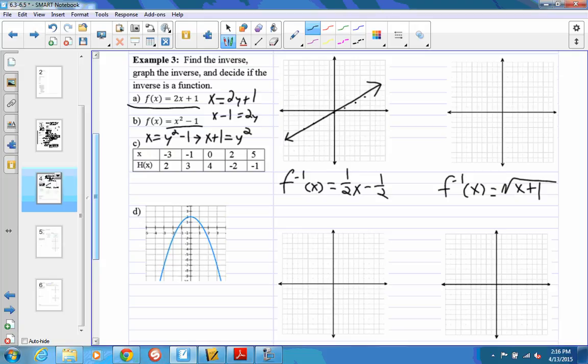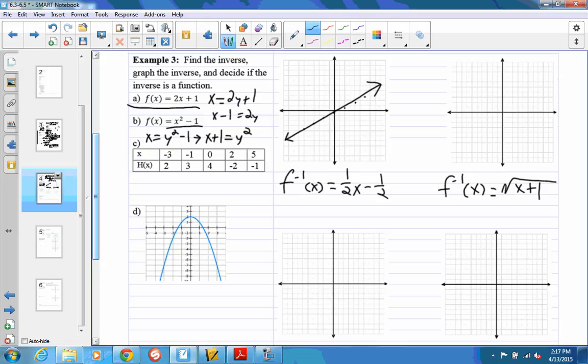It's being multiplied by 2 and added 1. So what will happen to the inverse? Well, 1 will be taken away, and then it'll be divided by 2. You can think about that either way. What's happening to x? It's being squared and 1's taken away. So add 1 and then take the square root. Either way, I prefer the x and y switch method.